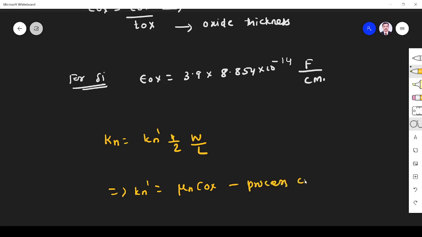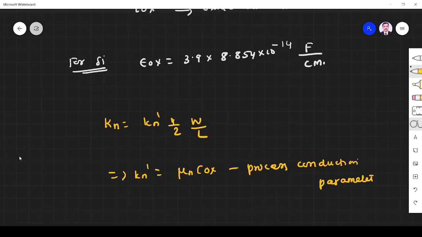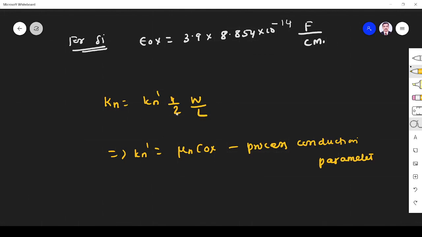So I can write Kn is equal to Kn dash W by 2L. We should remember this, as these are all useful to solve problems.